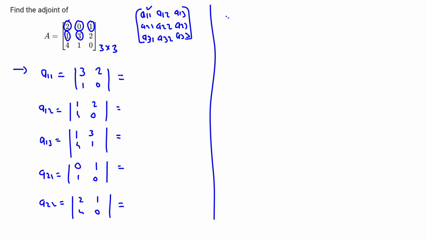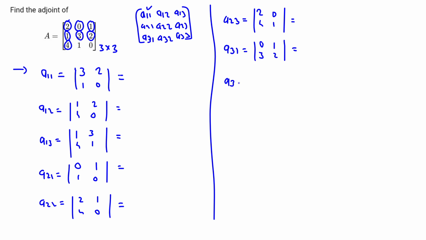Next I am finding A23. A23 means point number 2. This point lies in the second row, third column. If I skip them, the remaining 4 points are 2, 4, 0, 1. Next is A31. A31 means this point number 4. This lies in the third row, first column. So the remaining 4 points are 0, 3, 1, 2.